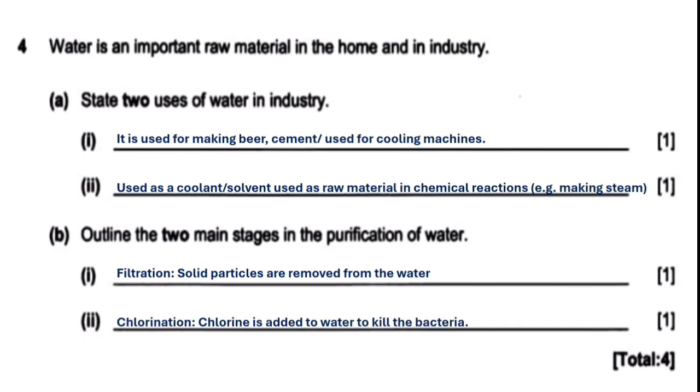Chlorination is just the addition of chlorine to water in order to kill bacteria and germs. Right, the addition of chlorine to water to kill what? The bacteria. Alright, that is what we call chlorination.